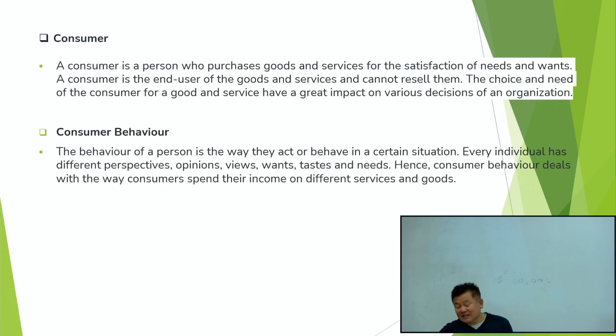If I buy it, I use this for me, for my preference. End user means customers. Consumer, sorry, consumer. The choice and needs of consumers for goods and services have a great impact on various decisions of organizations. Decision means it is your preference, and finally you choose.